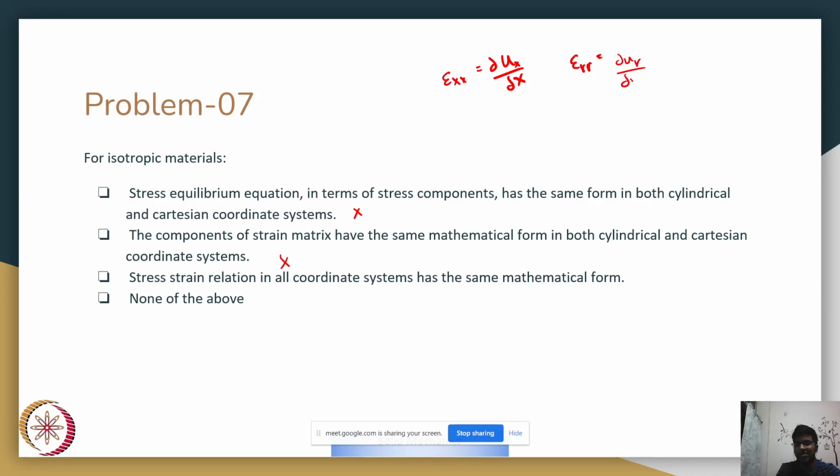I think I took the wrong example, but epsilon yy is say dou uy by dou y, whereas epsilon theta theta would be 1 by r dou u theta by dou theta plus ur by r.